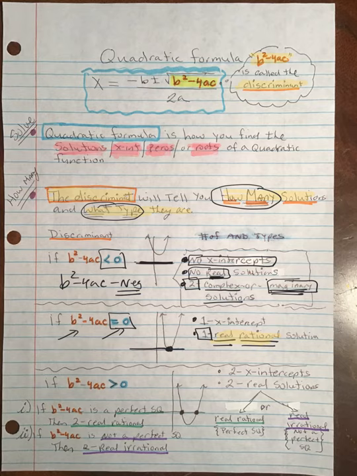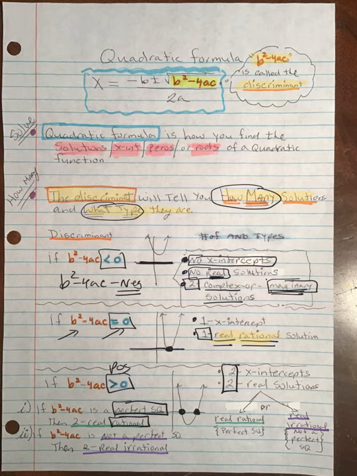If it's greater than 0, that means if it's positive, right, you will definitely have 2 solutions because it'll definitely have 2 x-intercepts. But it depends. They'll both be real, but it depends on whether it's rational or irrational. So if the b squared minus 4ac comes out to be a perfect square number, then they will be real rational.